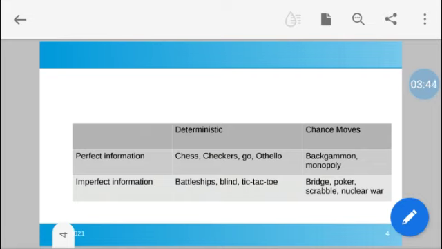Now again, there are two types of games, perfect information and imperfect information. In perfect information, we know all the information about the game, we know all the rules and regulations about the game, for example tic-tac-toe or chess. And imperfect information is the game in which we don't have all the knowledge about the game, for example poker.